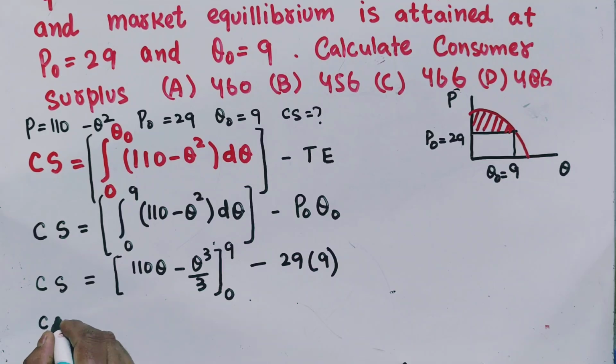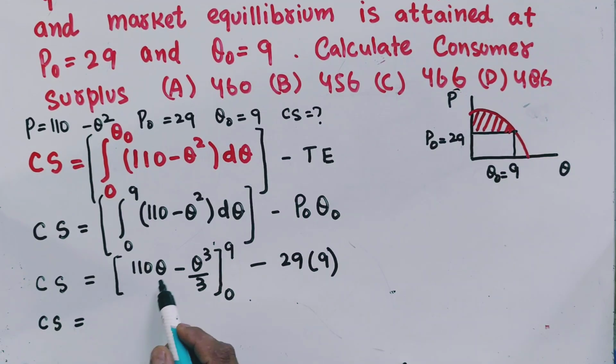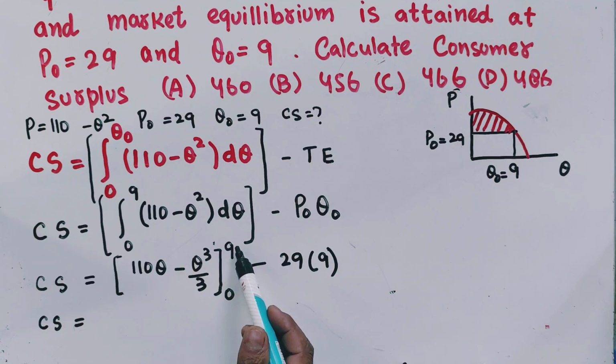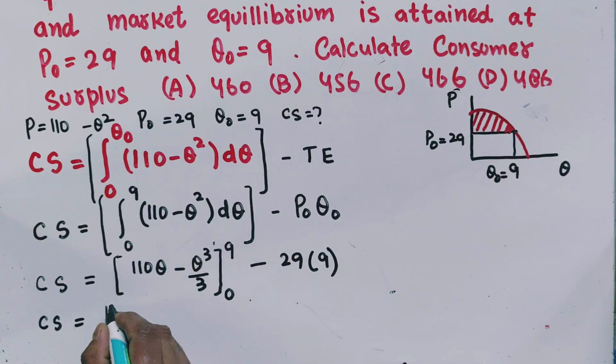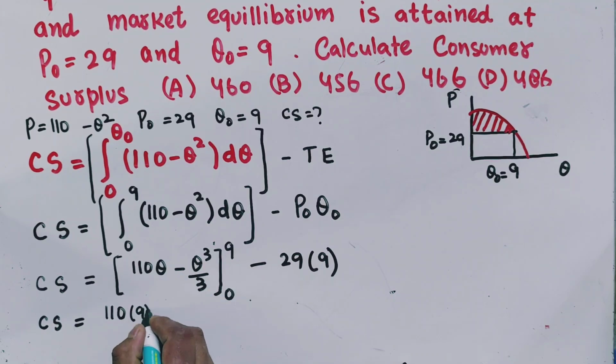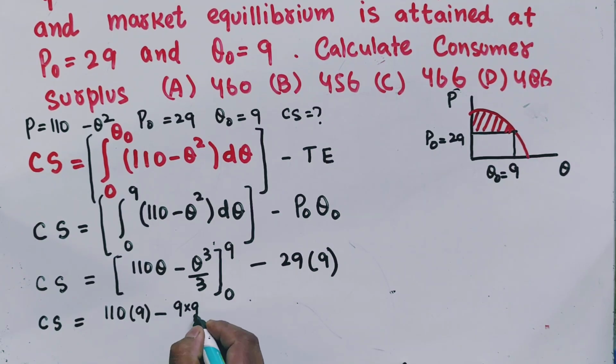So consumer surplus will be equal to, now we evaluate these terms at the upper limit first, then subtract and evaluate them at the lower limit. So we have 110 times the upper limit 9, minus Q cube means 9 cube, that is 9 into 9 into 9 upon 3, and then we subtract it and evaluate it at the lower limit.